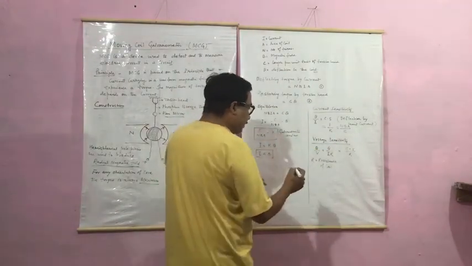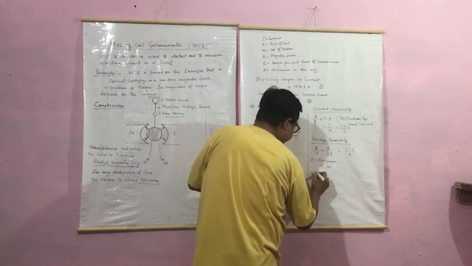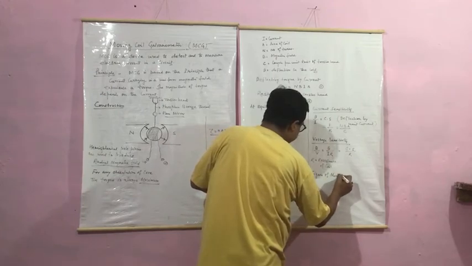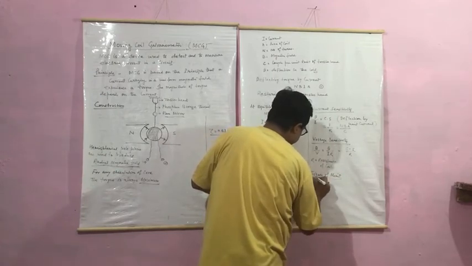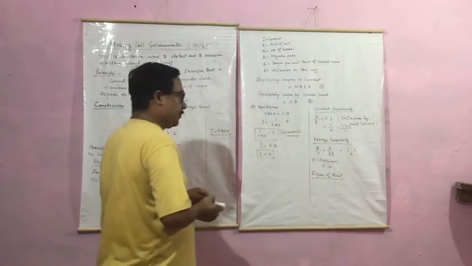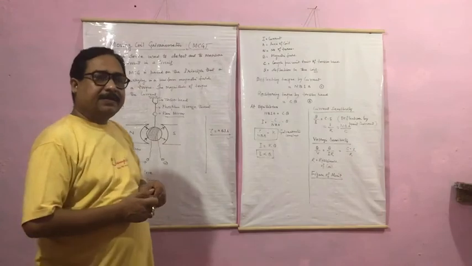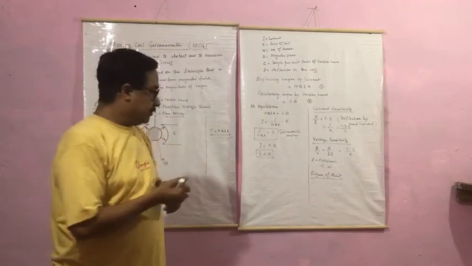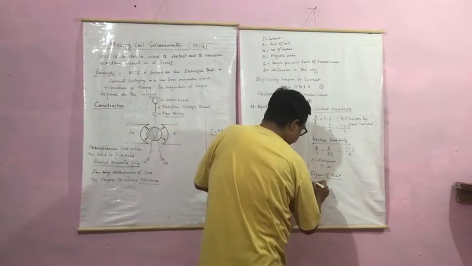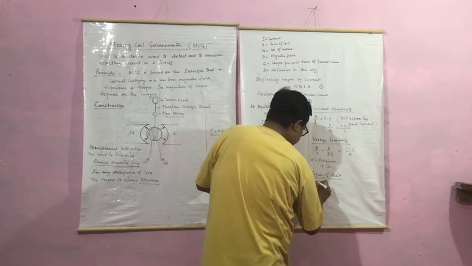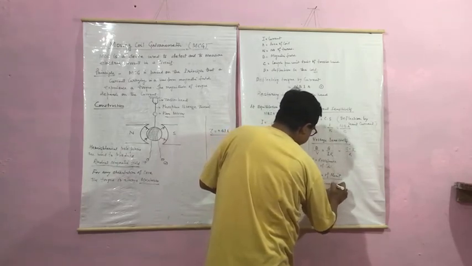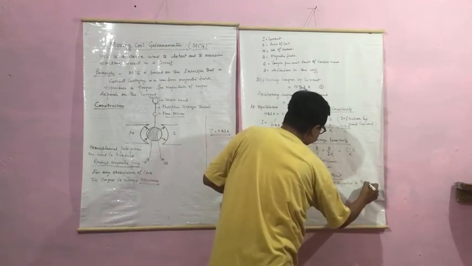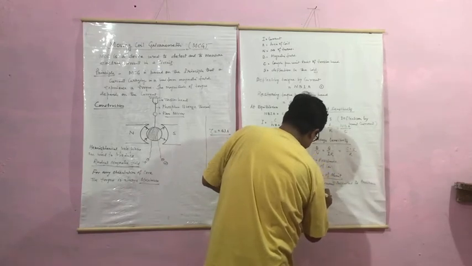But there is another term known as figure of merit. Figure of merit defines the value of current required to produce unit deflection, right? So this is the current required to produce unit deflection.